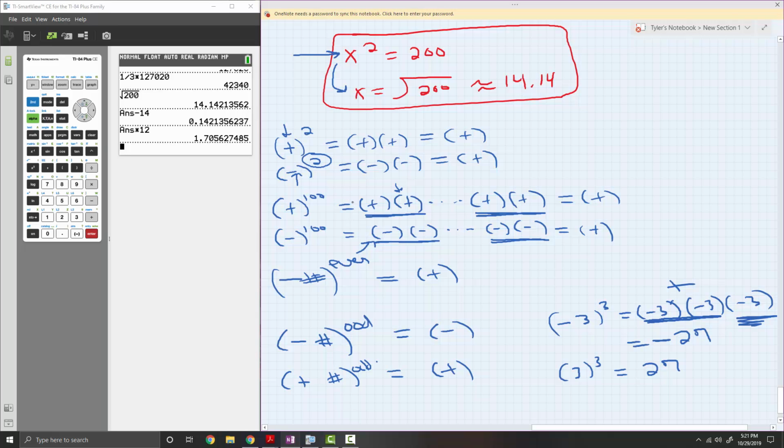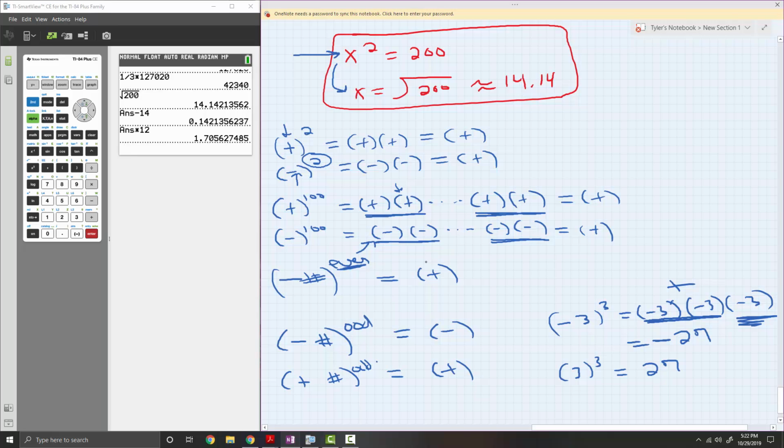So the important part, the pattern you want to notice, is that when I take a number raised to an even power, the original sign, whether it's positive or negative, is lost, if you will. If I take a number and square it, and I only tell you what I squared, you don't know if that answer originally was positive or negative.